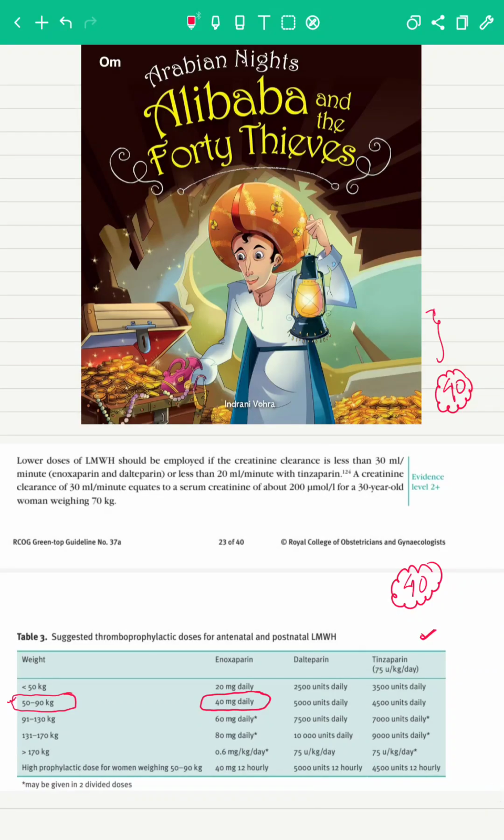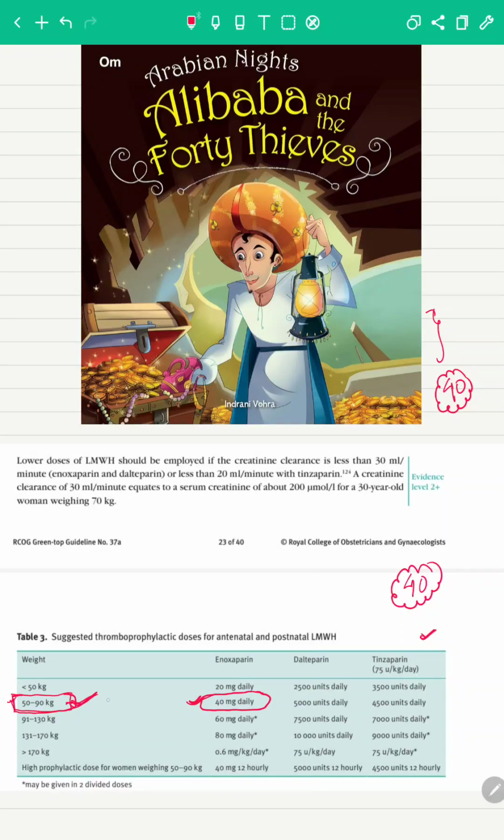And the weight range for the patients where we use 40 is 50 to 90, which is again the most common weight range we come across when we are dealing with antenatal or postnatal patients. So most commonly used value is 40 and weight range is 50 to 90.